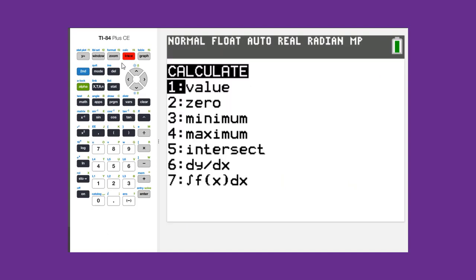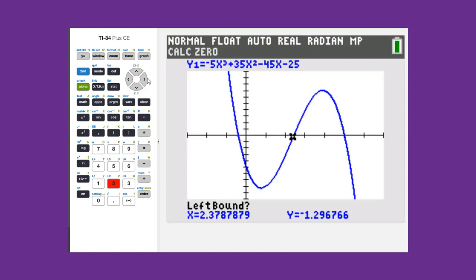Second trace, do the 2. So move the arrow to the left side of the third 0. Okay, I see enter. Then go to the right side of the 0, enter. Enter again. That's the third 0.